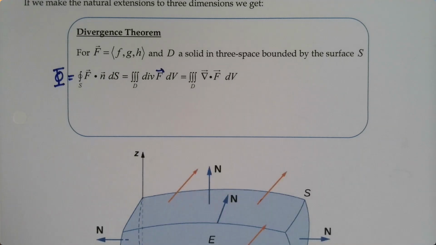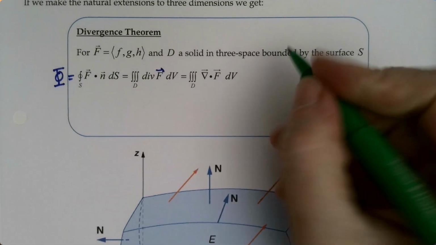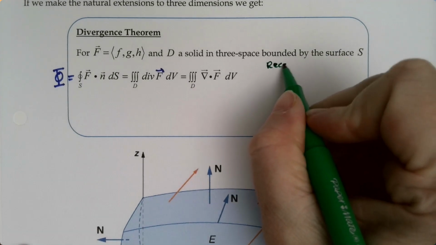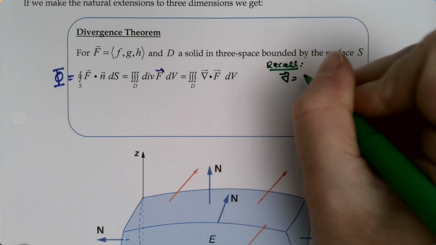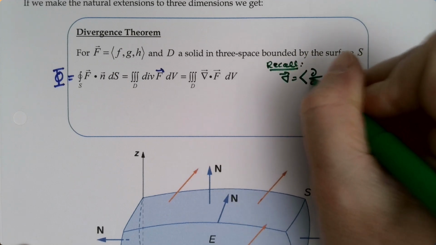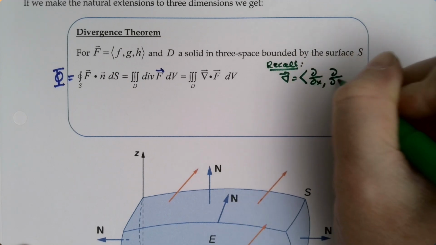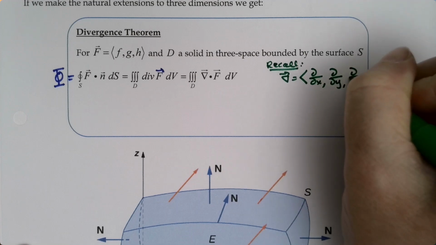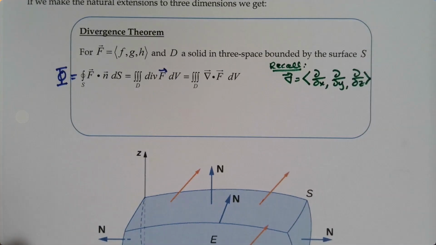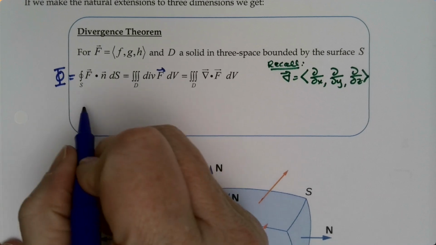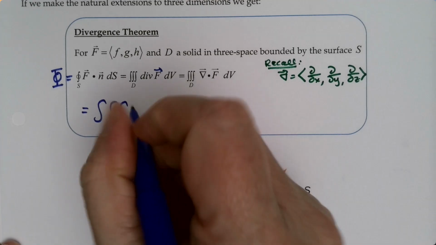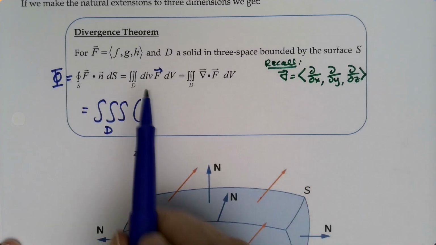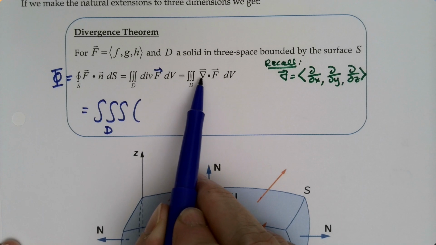Now, let's just remind ourselves real quick. Recall that the del operator is the partial with respect to x, the partial with respect to y, and the partial with respect to z. So when we want this triple integral for the divergence theorem, that would be take the dot product of the del operator with your vector field.